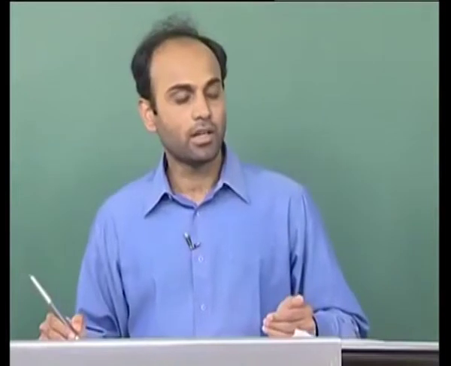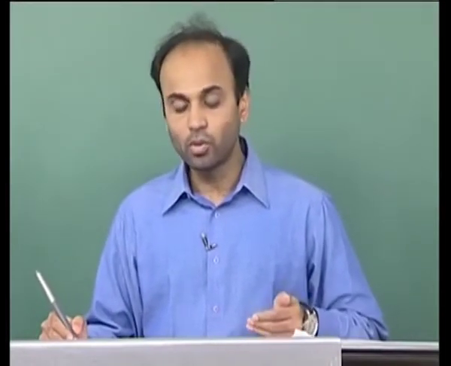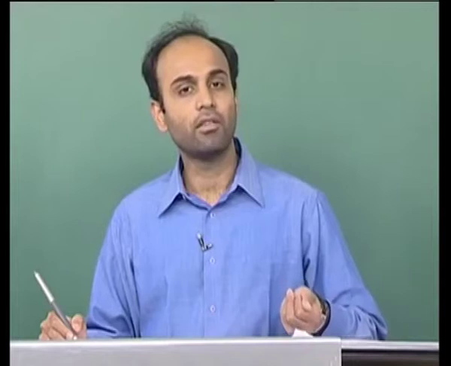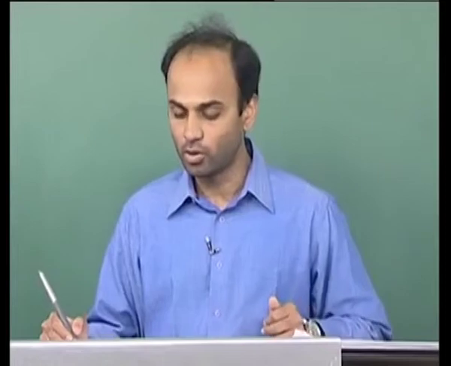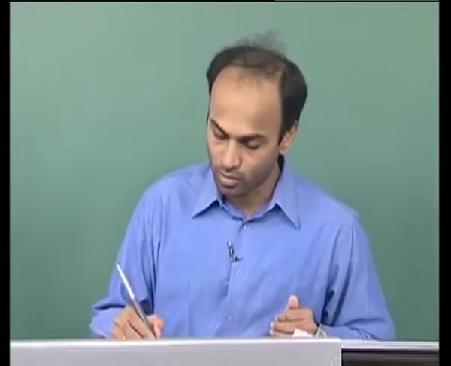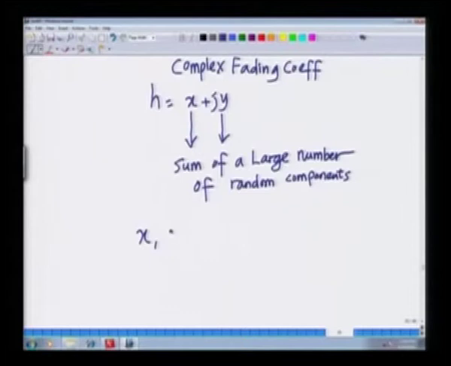and from standard results in probability theory, we can assume when a random quantity is derived as the sum of a large number of other random quantities, it can be assumed to be Gaussian in nature. So, we will assume x and y to be Gaussian in nature. That is, x and y are Gaussian random variables because they are derived as the sum of a large number of random components.